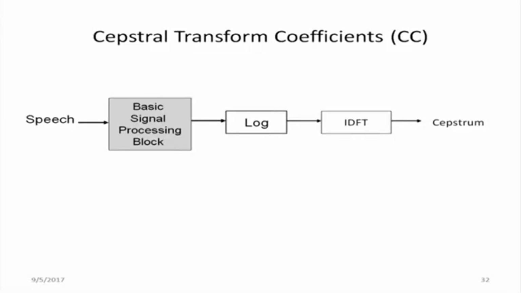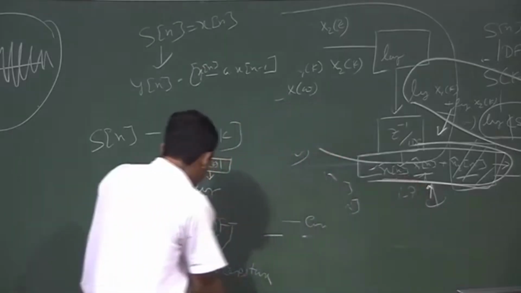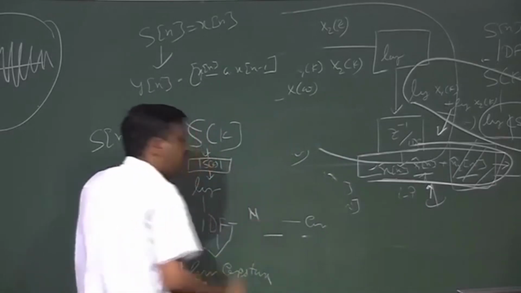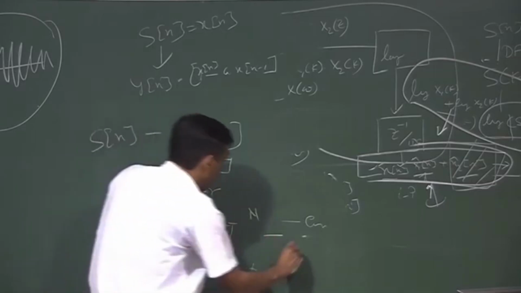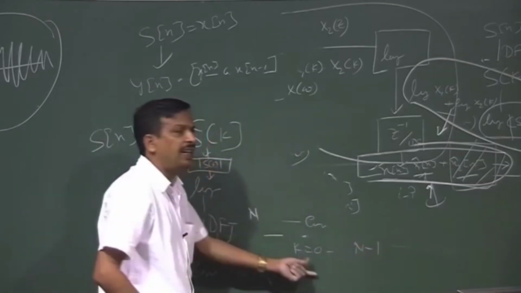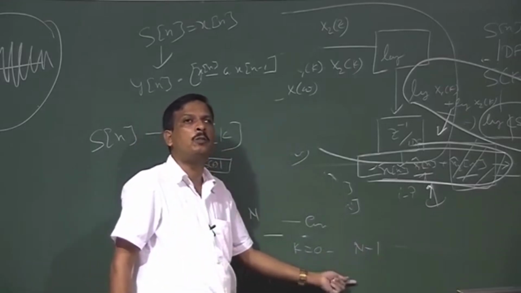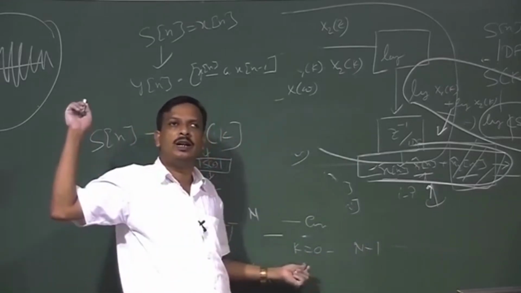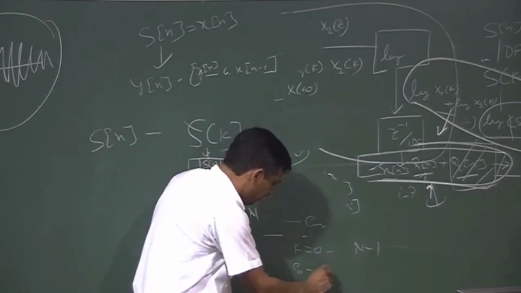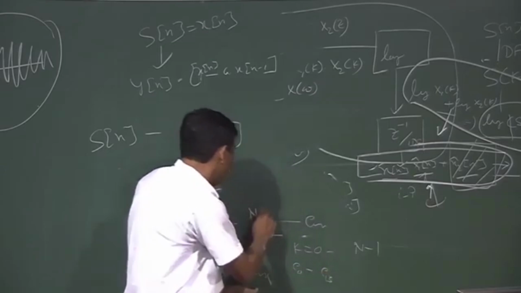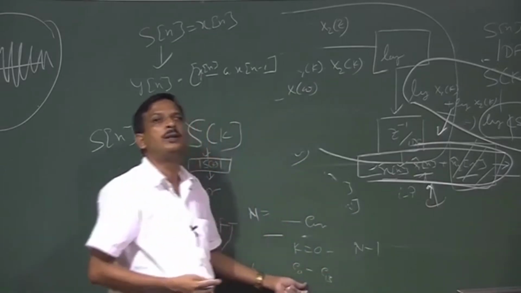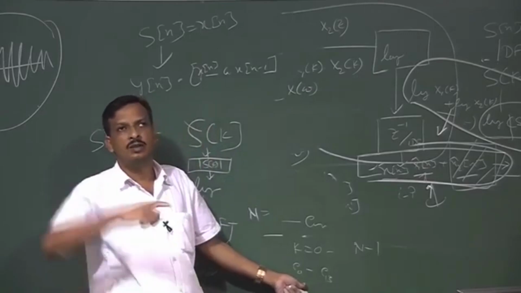After the IDFT, I take the N length IDFT, so k varies from 0 to N minus 1. The beginning components represent the slowly varying component. Let us say C0 to C13, or C20, those represent the envelope.